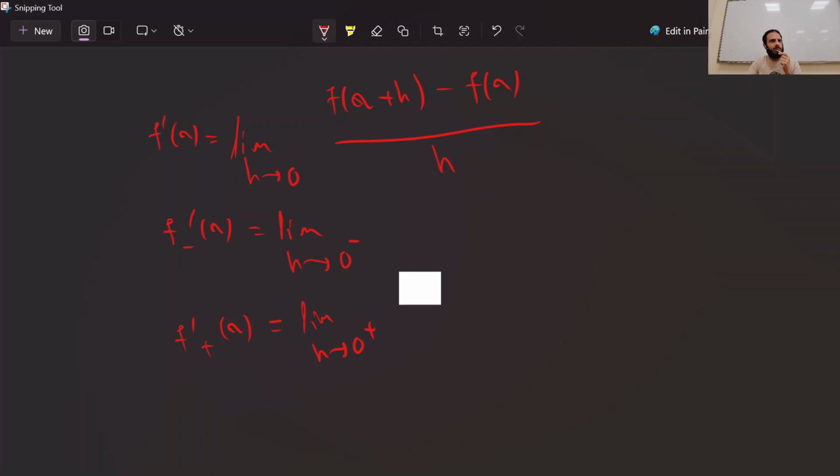Good? For example, if you have the absolute value of x at 0, it looks like this, right? From the right, what's the slope? Positive 1, right? From the left, negative 1. Good. So at 0 it does not exist, because for the limit to exist you need from the left to equal from the right. Good.